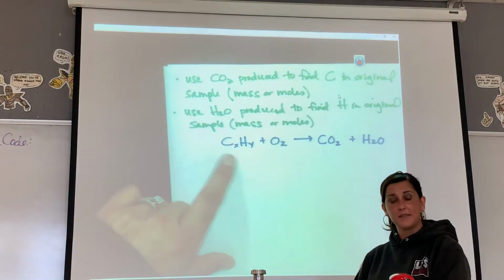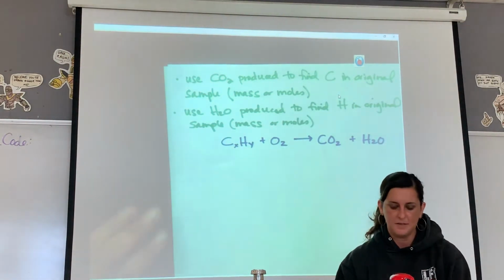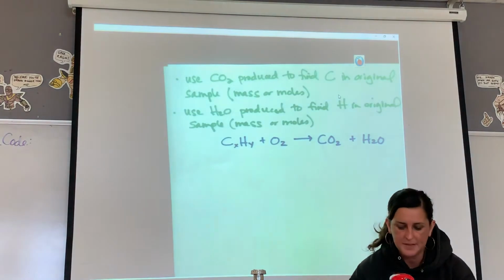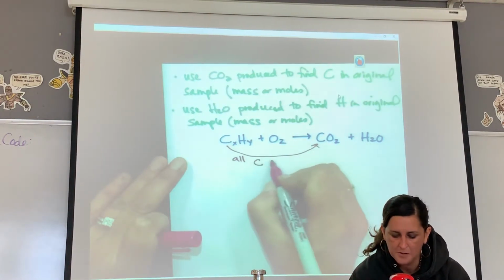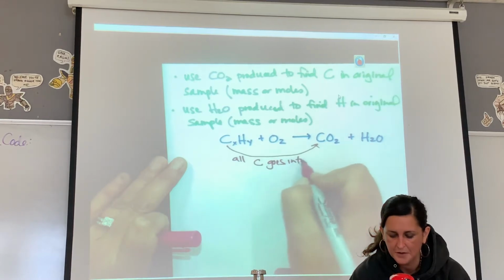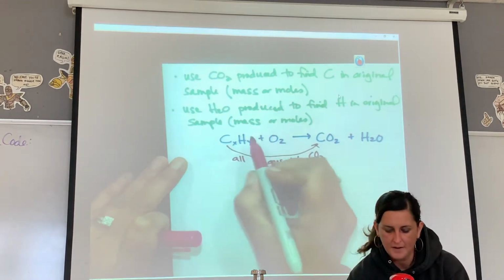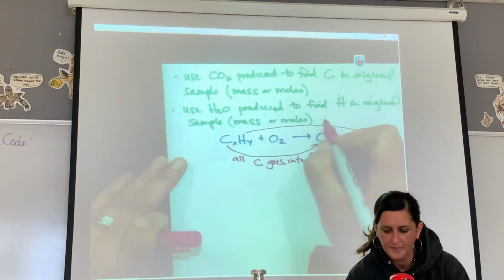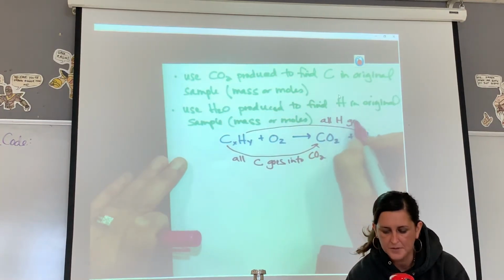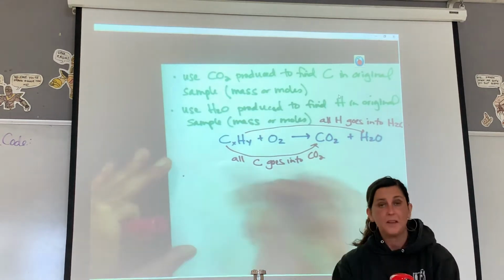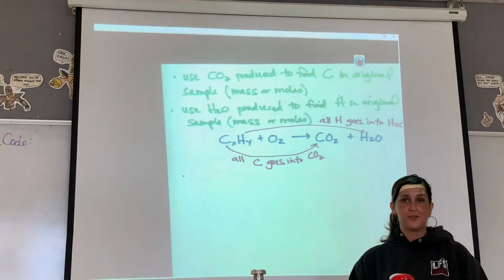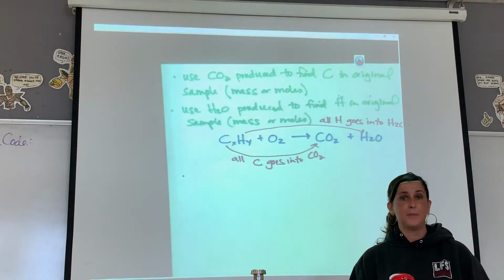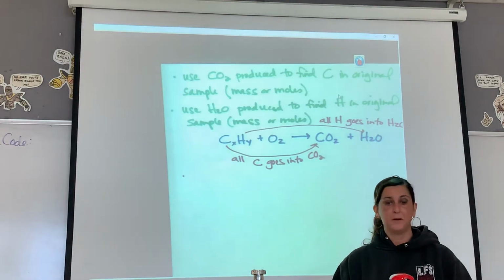The values of x and y will determine the balancing of this, but what we want to remember is that all the carbon goes into the carbon dioxide, and all the hydrogen goes into the water. So we can use stoichiometry to figure out the amount of hydrogen and carbon in an original sample, and then work our way back to the empirical formula.